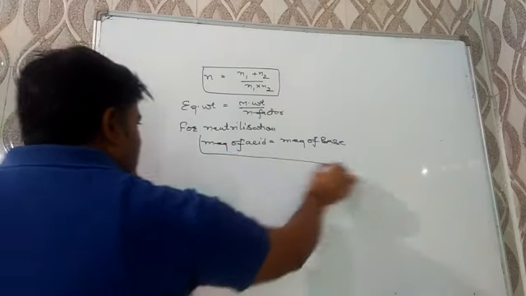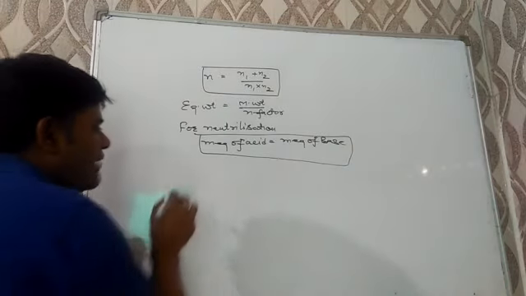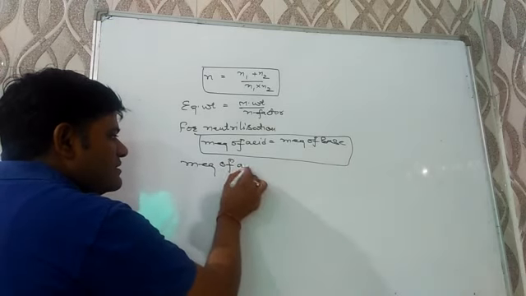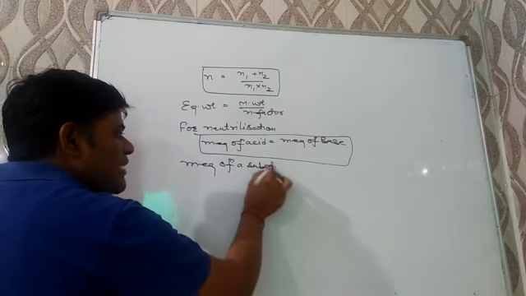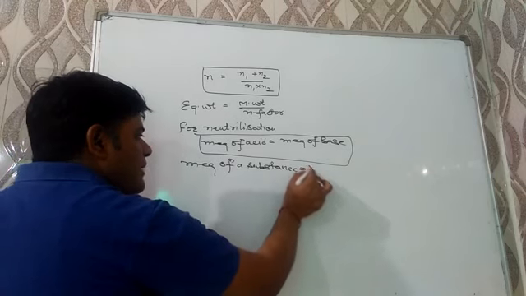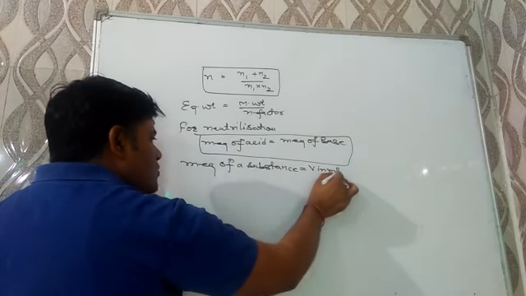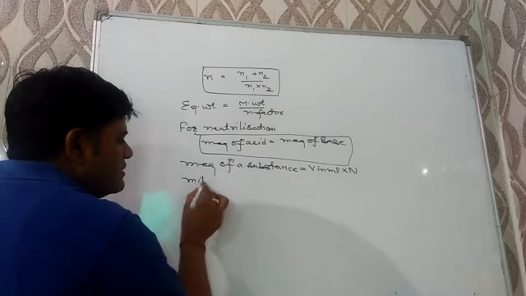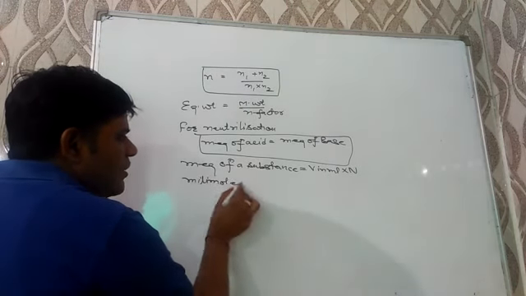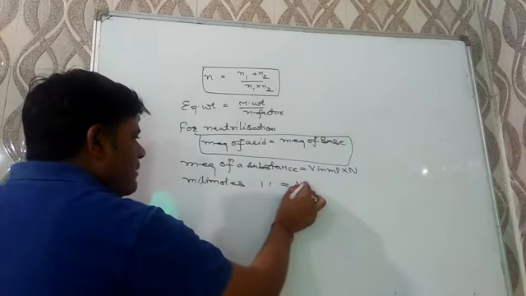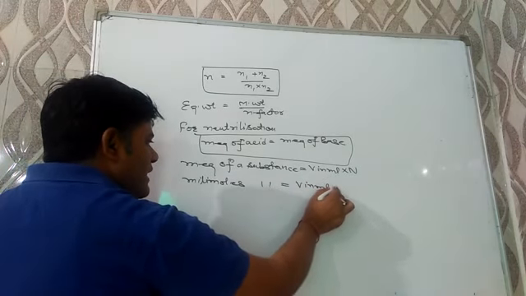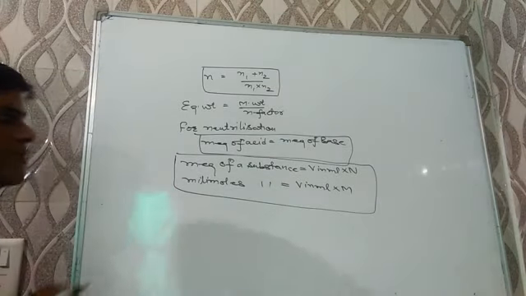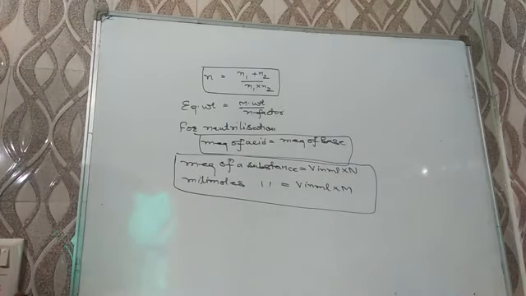We can find out the milli equivalent of a substance by the formula volume in ml into normality. In the same way, we can find out the millimoles of a substance, which will be equal to volume in ml into molarity. These are the important factors for titration and neutralization reactions.